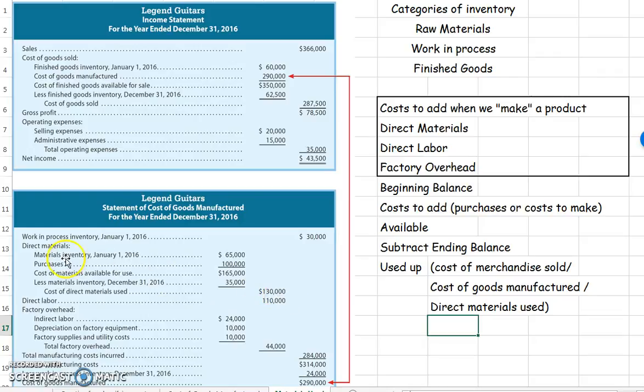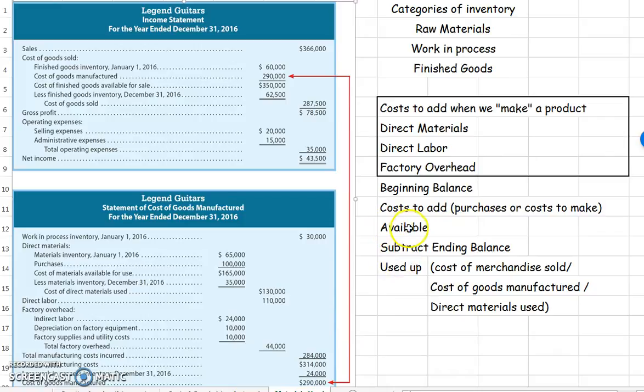Alright, let's keep going. We have direct materials, direct labor, factory overhead. When I add up those three, that gets me to my total manufacturing costs incurred during the period. My direct materials, my direct labor, my factory overhead tells me how much I incurred during the period. When I add that to what I started with, the $30,000 beginning, that gets me to my total manufacturing costs.